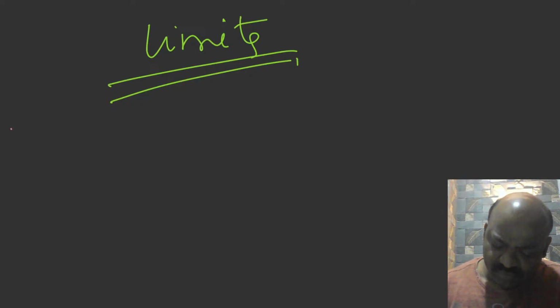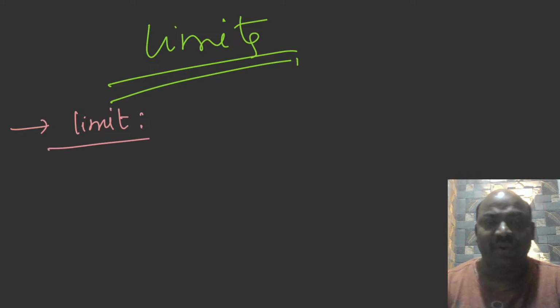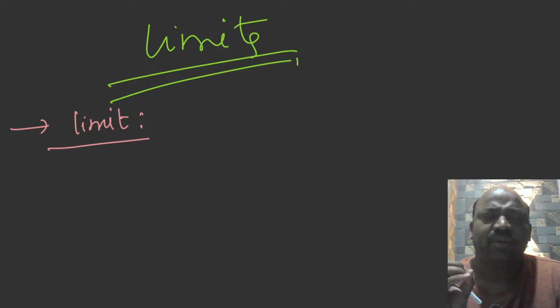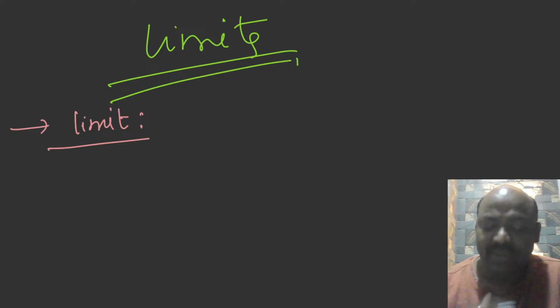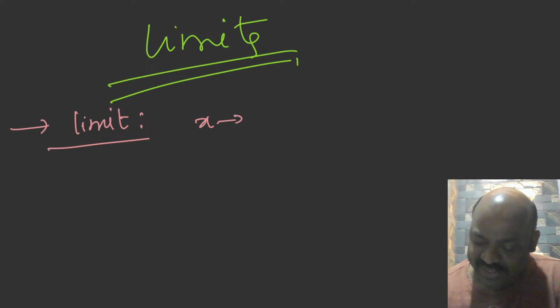Limits. In one word, what is the meaning of limit? It's very simple. It's the tendency of any function that we call a limit. For example, as x is tending to a, the corresponding f of x tends to a certain value.